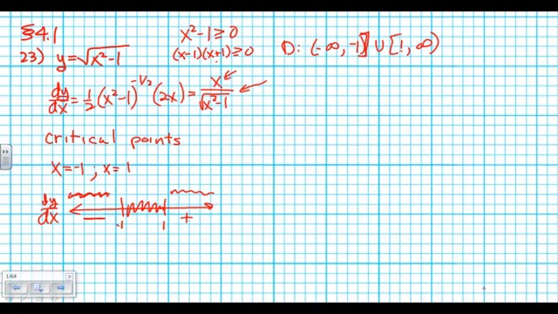So if I were to think about what this function looks like, I would say this function decreases, goes through an interval of being undefined, and then it increases. At the critical point where x is equal to negative 1, it's on the long tail end of a decreasing function.